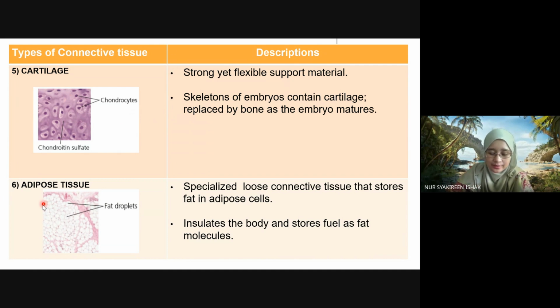And then we have the adipose tissue, a specialized loose connective tissue that stores fats, insulates the body and stores fuel as fat molecules. For example, after you eat a lot of food that contains a high amount of sugar, the sugar will be stored in your liver cells as glycogen.